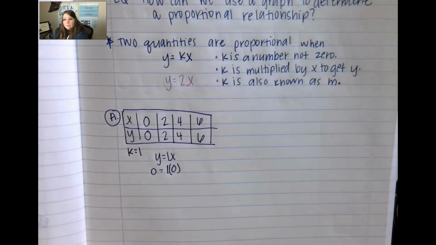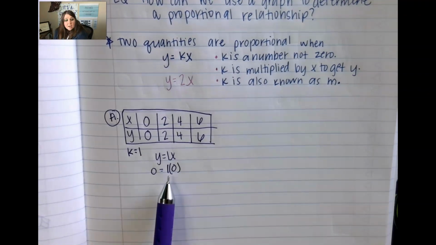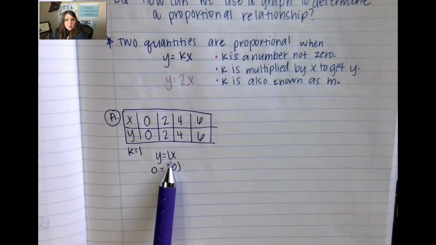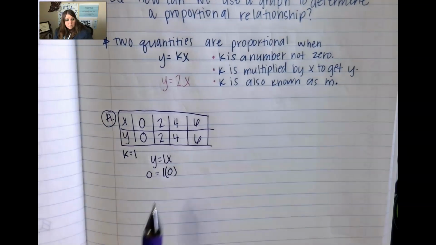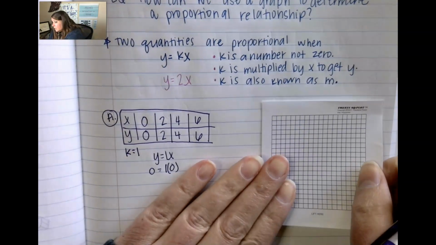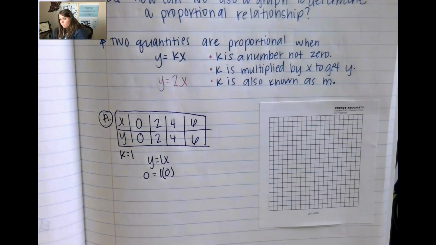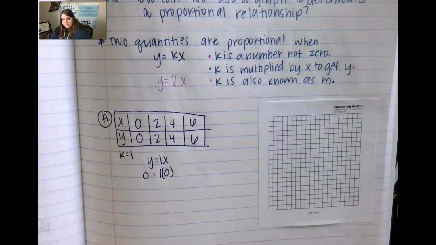So instead of going through all of these this way and figuring out what our multiplicative relationship is, instead we are going to graph. So they want us to solve this using graphing. So just like yesterday's lesson, where we found the ordered pairs, we're going to do the same exact thing, and then we're going to graph those ordered pairs.